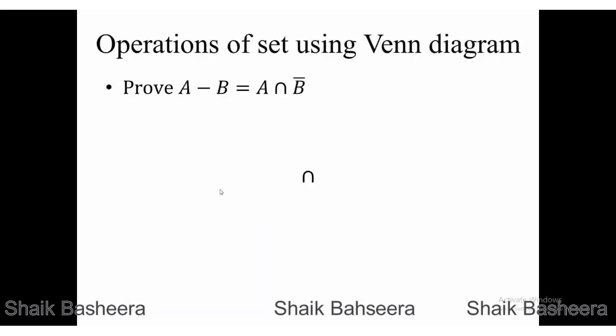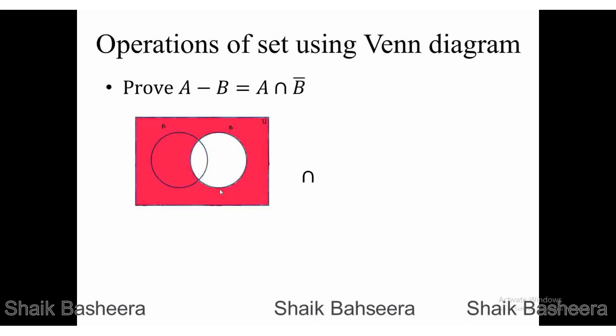Another operation of the set is A minus B. We need to prove A minus B is equal to A intersection B bar. To prove this, we take the corresponding B complement.